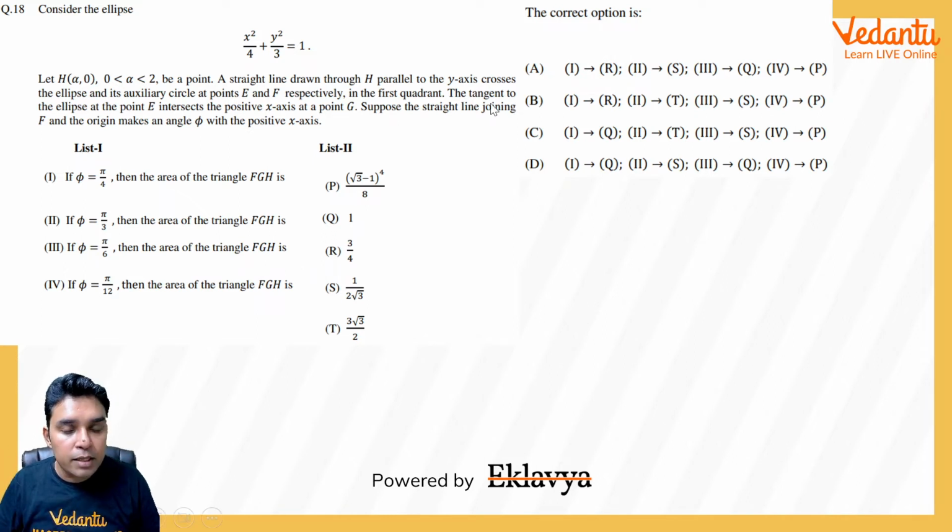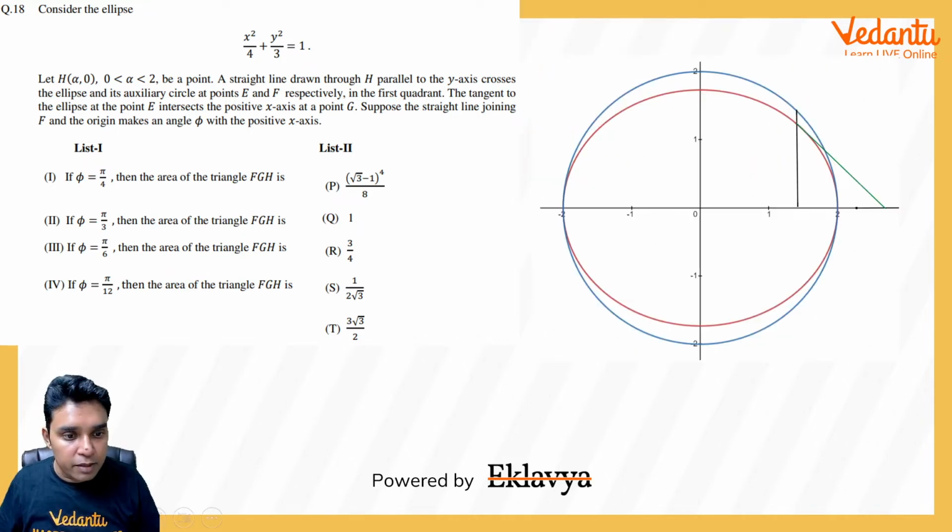In the first quadrant, the tangent to the ellipse at E intersects the positive x-axis at a point G. Suppose the straight line joining F and origin makes an angle phi with positive x-axis, and then we have to find certain things. Now let us first make one diagram.